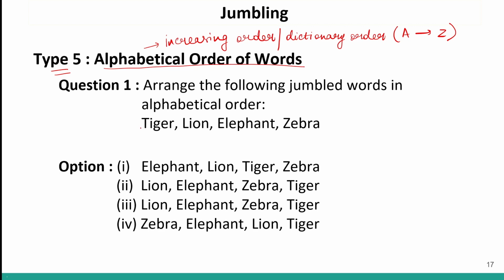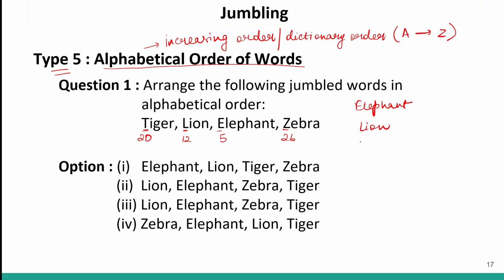Okay, so the first thing we have to do is look at the first letters. The forward rank of T is 20. The forward rank of L is 12. The forward rank of E is 5, and the forward rank of Z is 26. So logically, in a dictionary, the first word will be elephant, right? Then the second word will be lion.